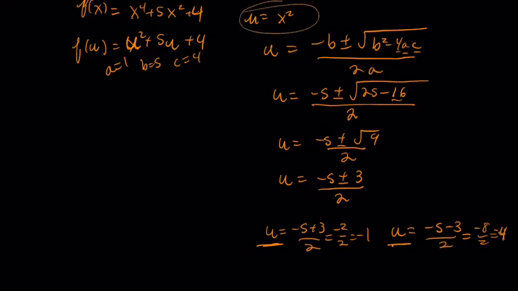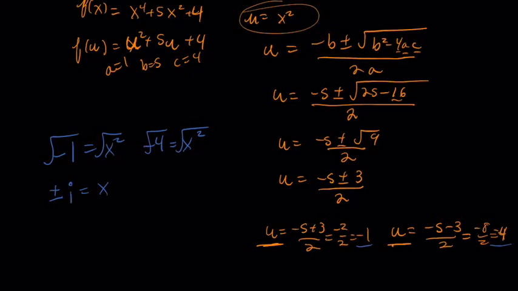So if I set each of my u values equal to x squared, I have negative 1 equals x squared, and negative 4 equals x squared. I'm going to take the square root of both sides to solve these. I get that the square root of negative 1 equals x, so x is plus or minus i.